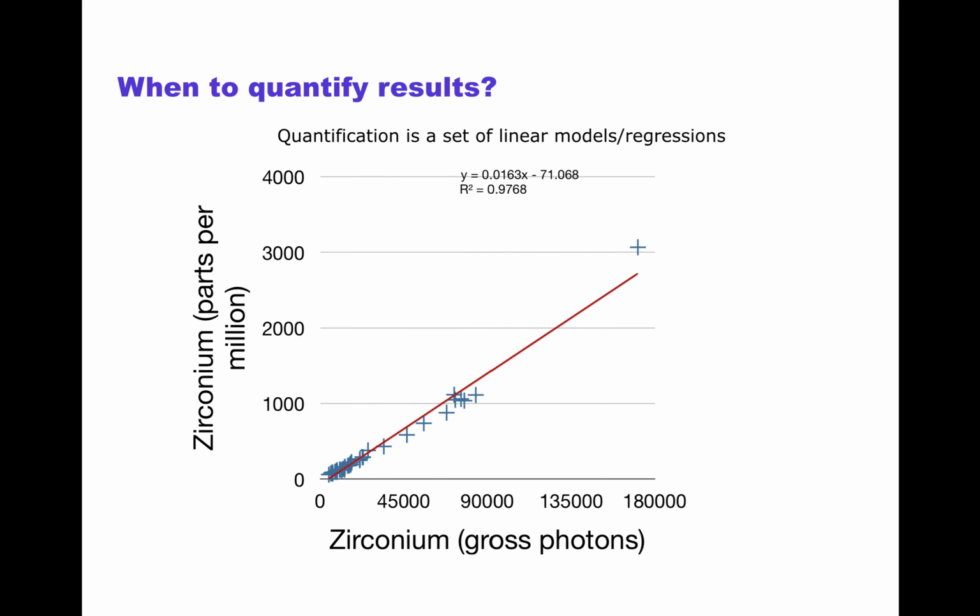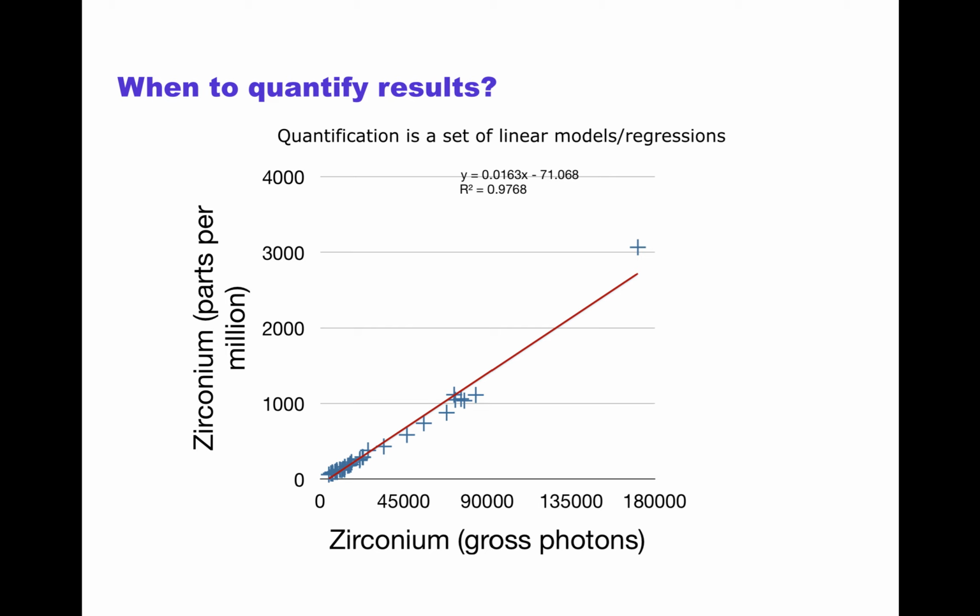Here's a quick example of such a quantification. Here we see zirconium gross photons on the x-axis, ranging from 0 to 180,000 photons. On the y-axis, we have zirconium in parts per million, from 0 to 4,000. Up in the top center, you can see the performance of this particular regression. Y equals 0.0163x minus 71.